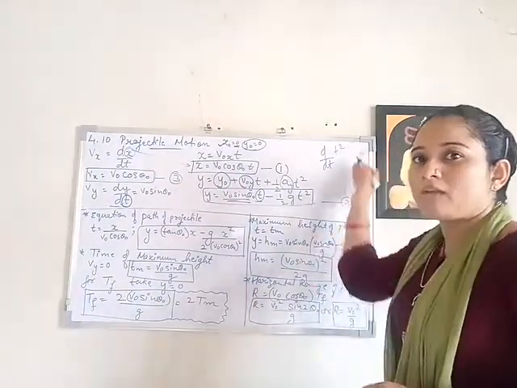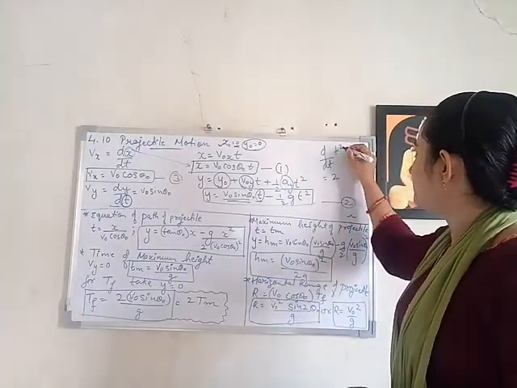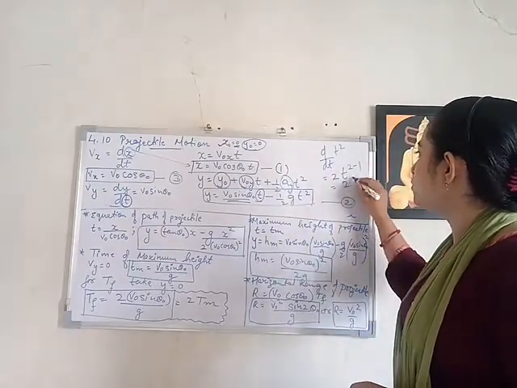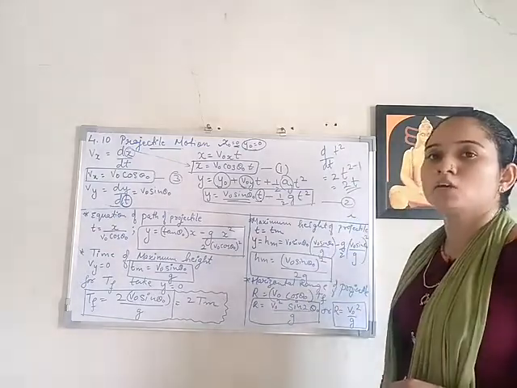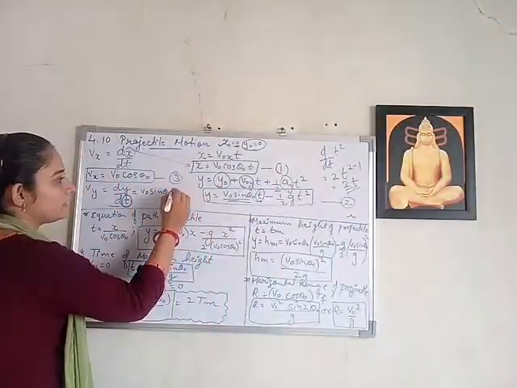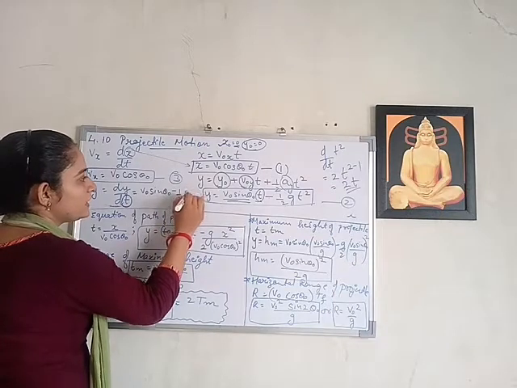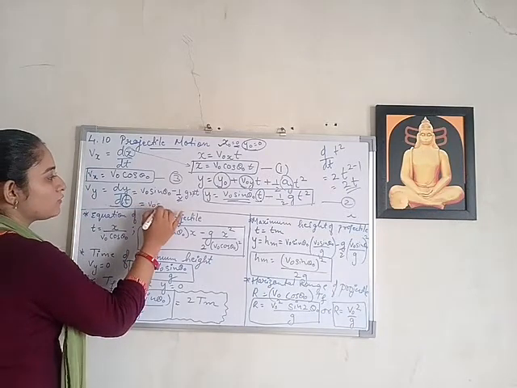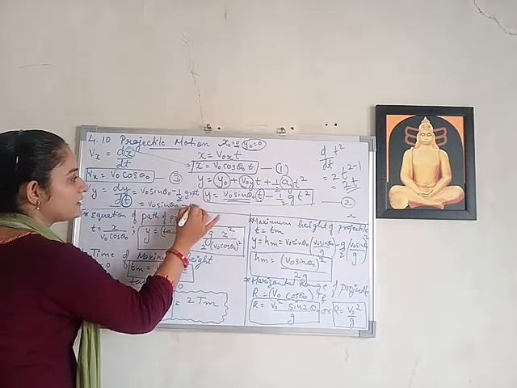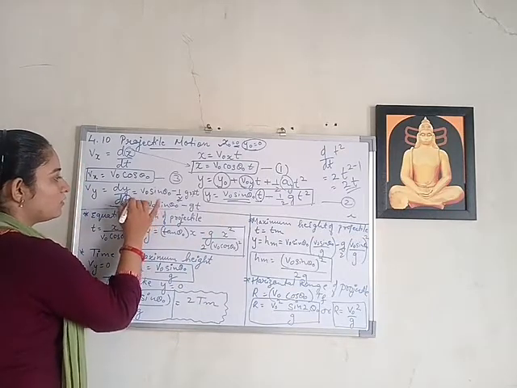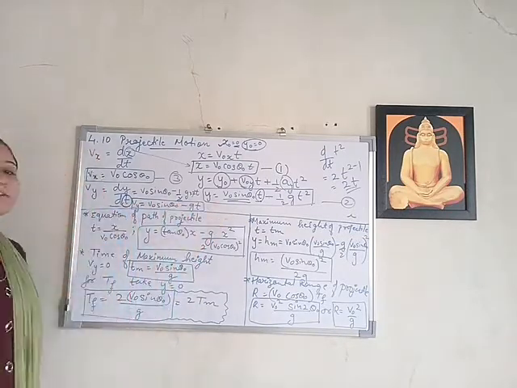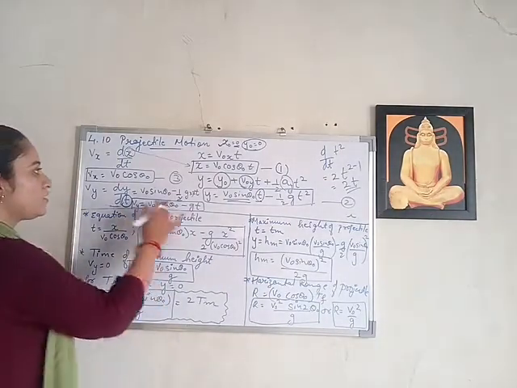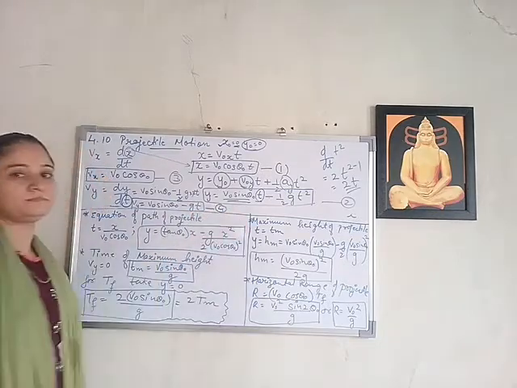What happens? The power comes at the front and the power is reduced by one. So that will be equal to 2t. So the derivative of t square is 2t. So here it is minus half g into 2t. The 2 cancels. So what we got? V0 sin theta 0 minus gt. So this is your Vy. What is Vy? V0 sin theta 0 minus gt. This is your equation number 4. Clear?